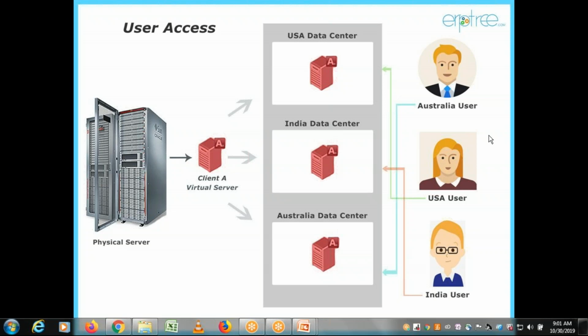Once they identify that, they connect that user to the virtual server very close to the user's location. So the user connects to the nearest data center virtual server. That's how the performance and user experience would be richer compared to physical servers.